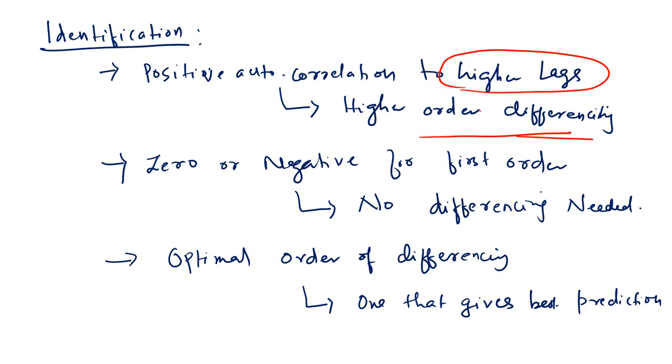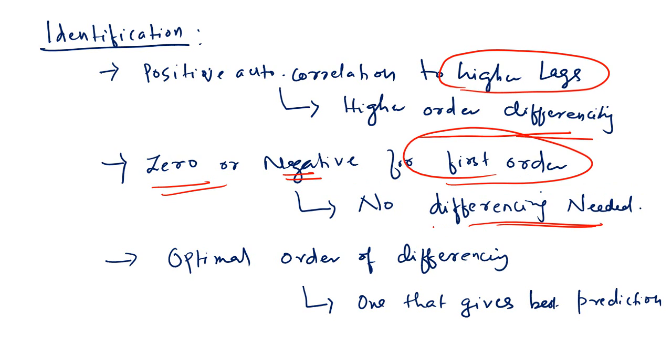The first difference is not going to make it stationary. And when you have zero or negative autocorrelation at the first order itself, then no differencing is needed. You can be sure that it's pretty similar or close to a stationary series.